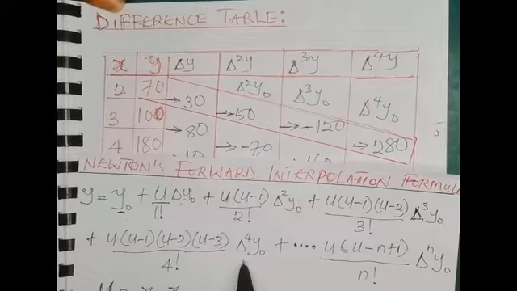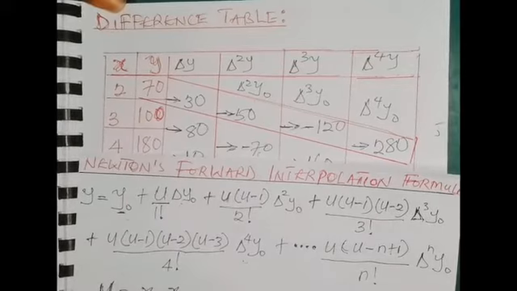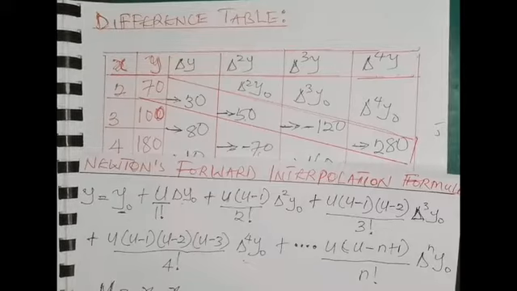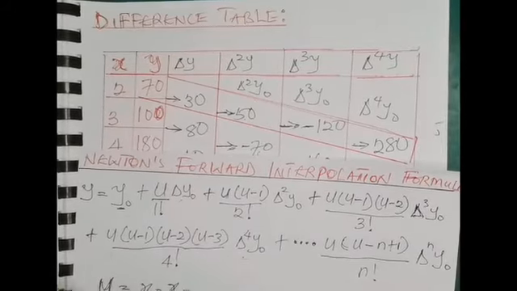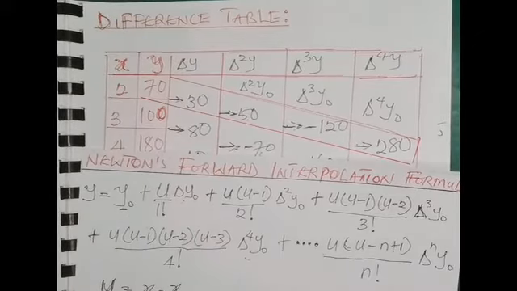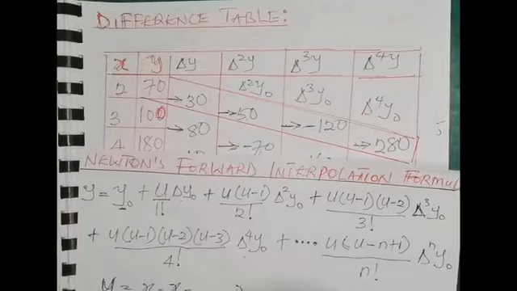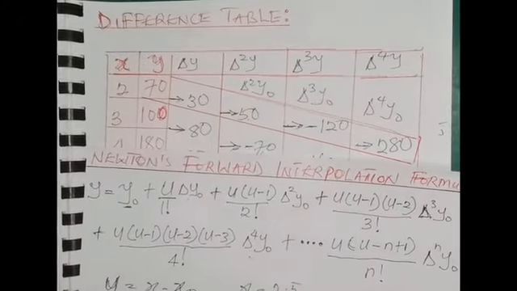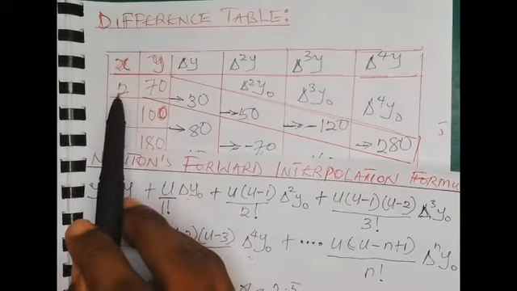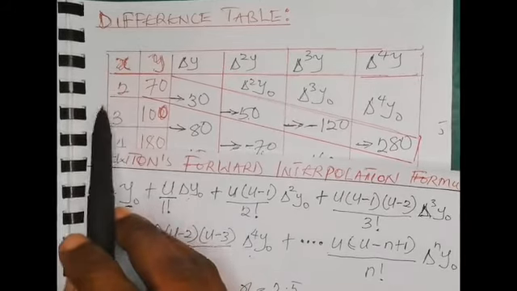So if you put these values into the formula and find the value of u, we can simply solve this problem. It's as easy as that. Since we know the values of these differences now, all we need to find is u. Say we are asked to find the value of y when x is equal to 2.5. Then x naught, being the first value of the table of x, is equal to 2.